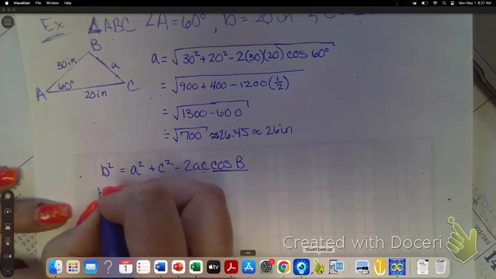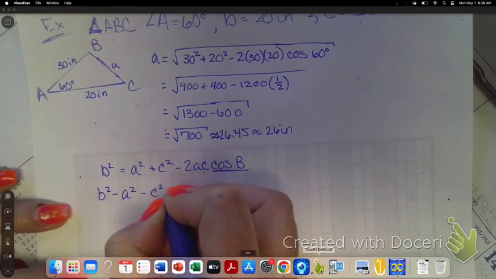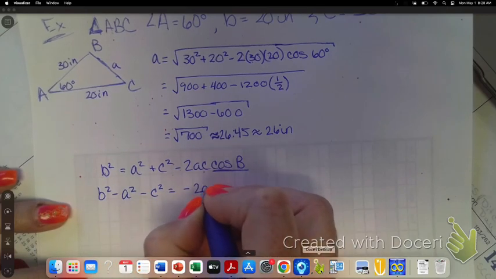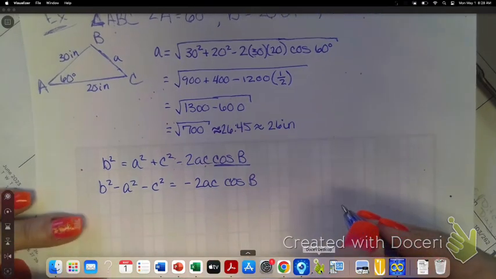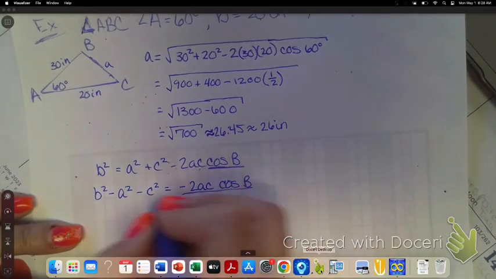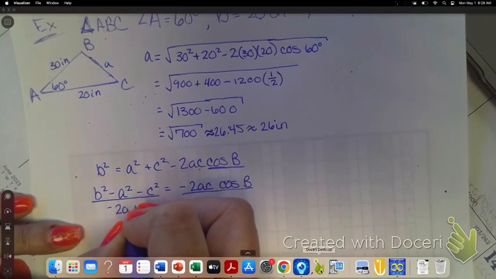So I'd have b squared minus a squared minus c squared equals negative 2ac cosine of B. Now I would divide both sides by negative 2ac.